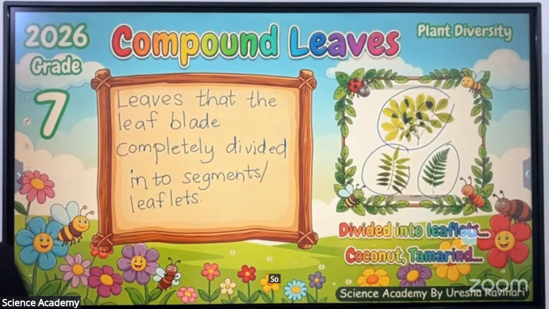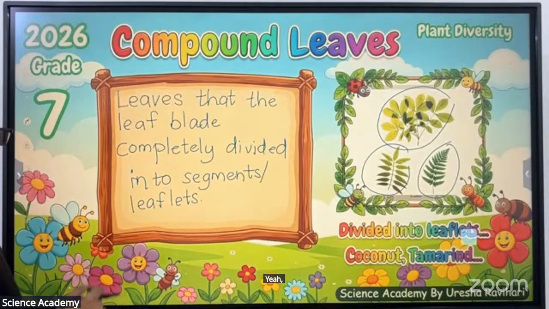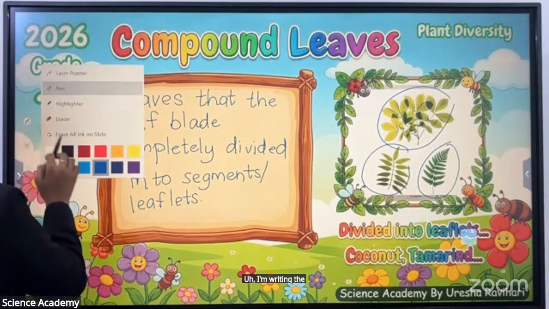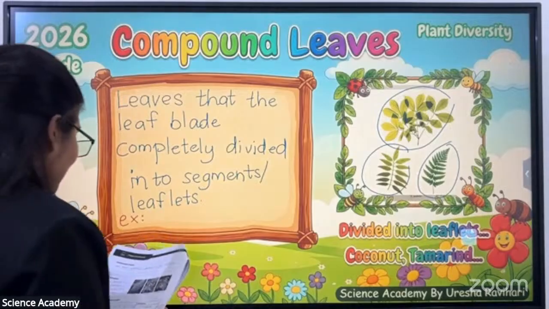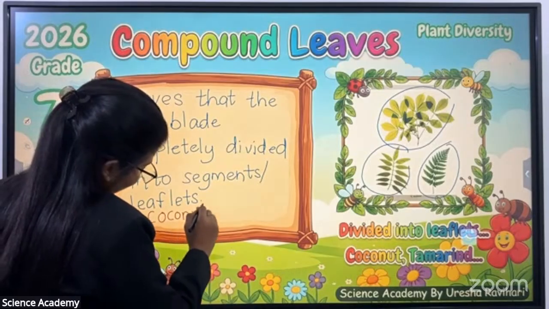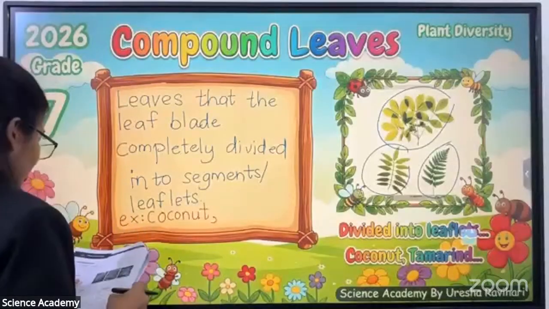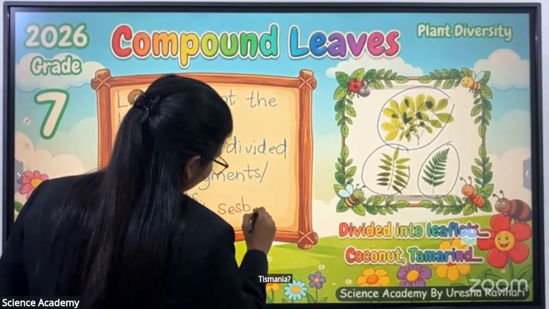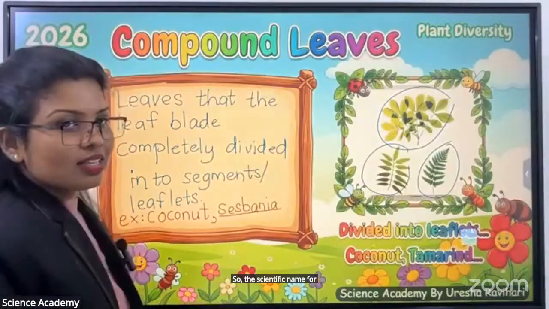So children, you can write down the examples for these compound leaves. I'm writing the examples here also. Coconut, sesbania, the scientific name for katurumurunga.